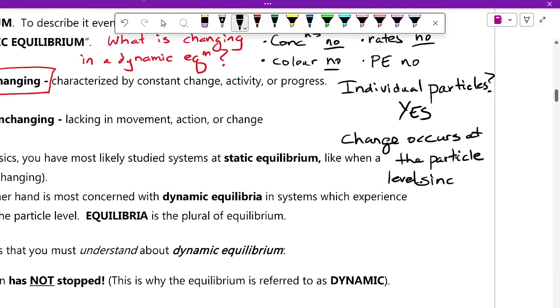Since the forward and reverse reactions still occur, but there's no observable change, no change at the macroscopic level.